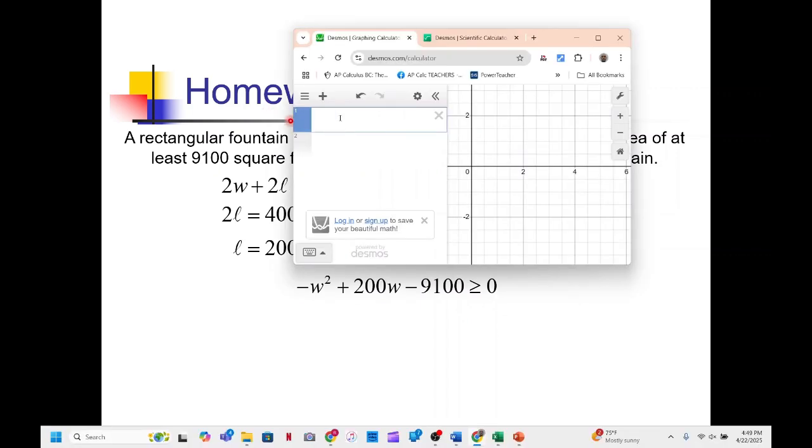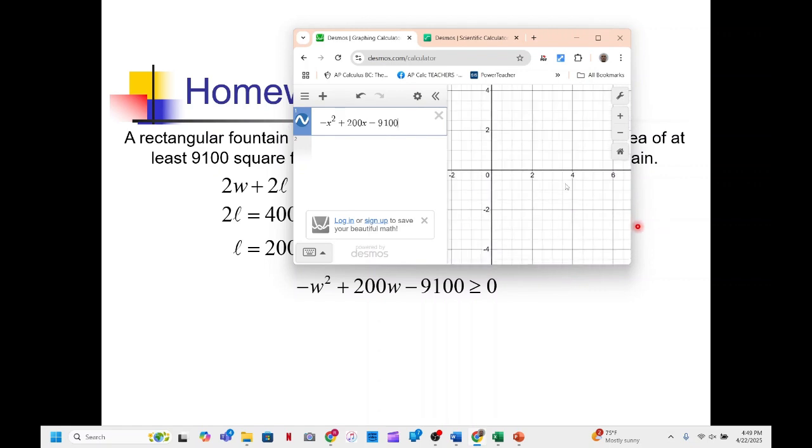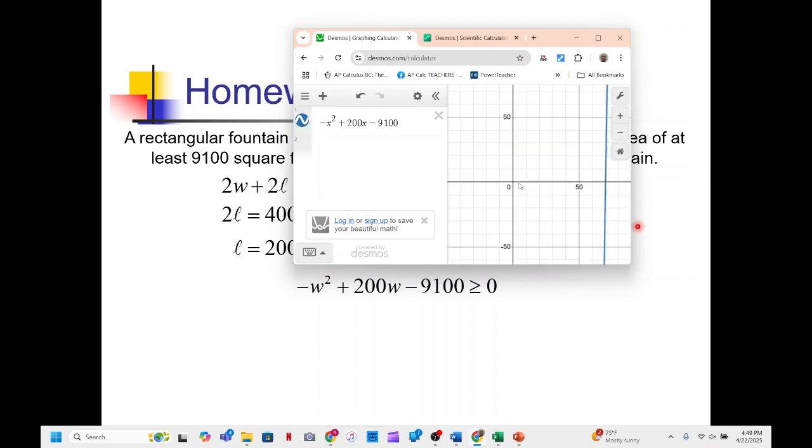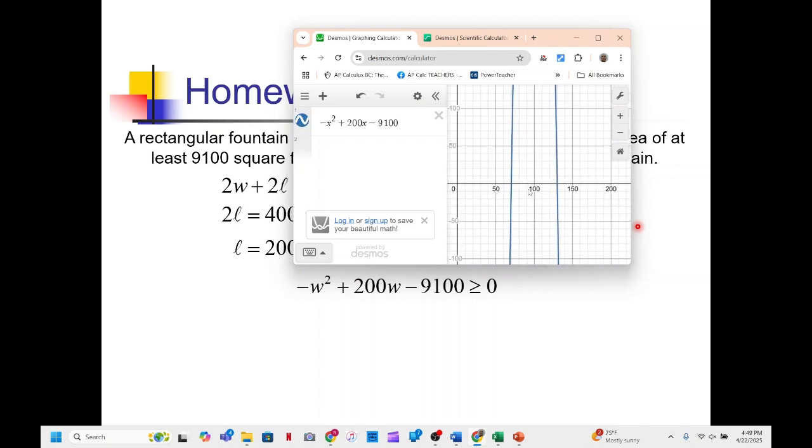So here's Desmos. Let me do negative, and I'll write this with an x because Desmos likes x better. So negative x squared plus 200x minus 9,100, and I can't see anything, so let me zoom out a bit. Let me zoom out a lot. Oh, there it is. Okay.